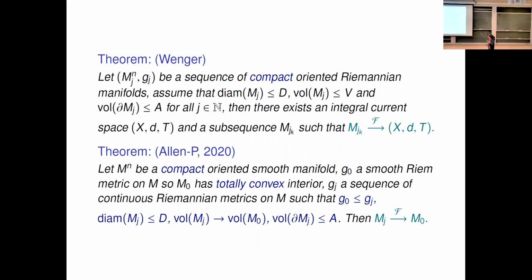And this limit is no longer going to be a manifold, possibly, and that's why this should be thought of as a pre-compactness theorem. So this is an integral current space.